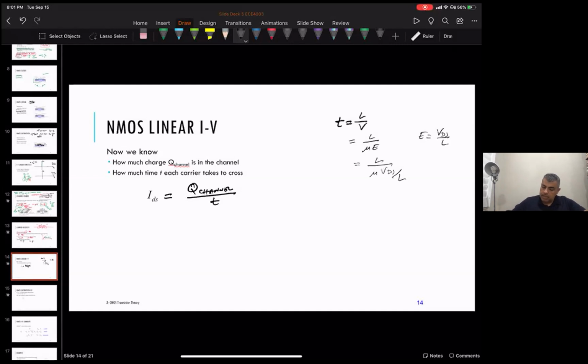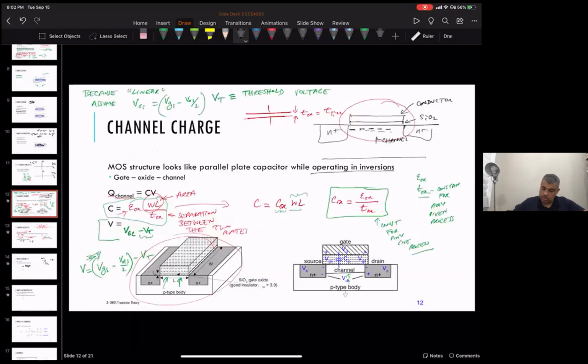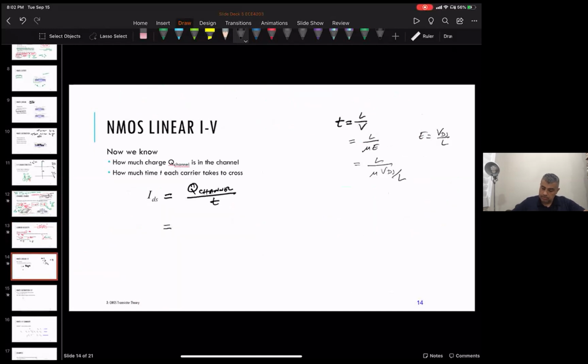So that's the time, and the channel charge we know, right? We calculated that. Let's put it all together. The channel charge was Cox WL, so there's a channel charge, Q channel.